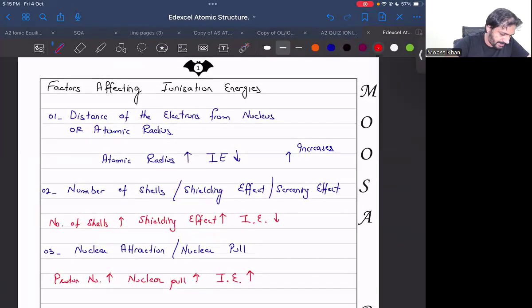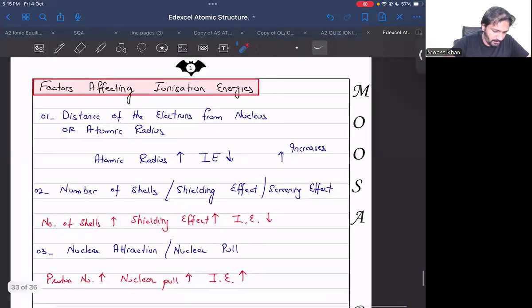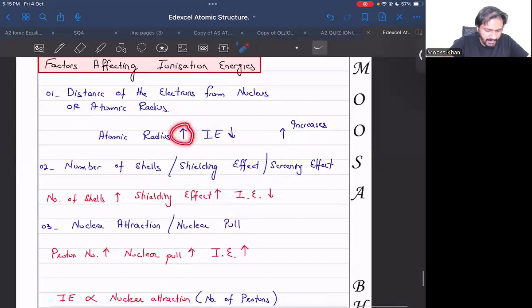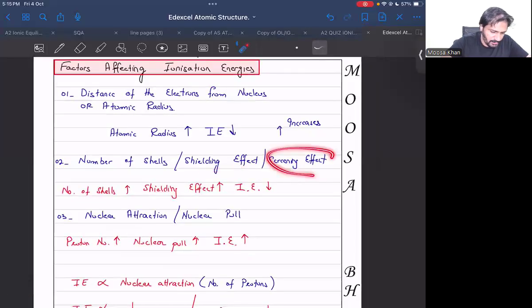So we have these three factors that will affect the values of first ionization energies. Distance of the electron from the nucleus: of course, if the electrons are farther away from the nucleus, their values of ionization energy would decrease. When the number of shells increases, shielding effect or screening effect also increases, so the values of ionization energies must decrease.